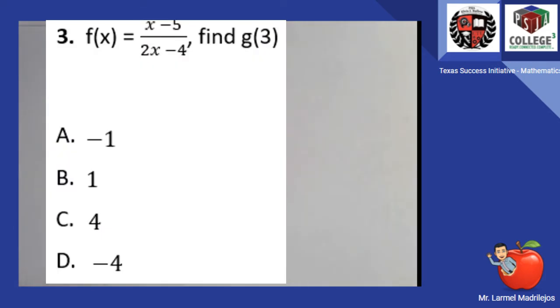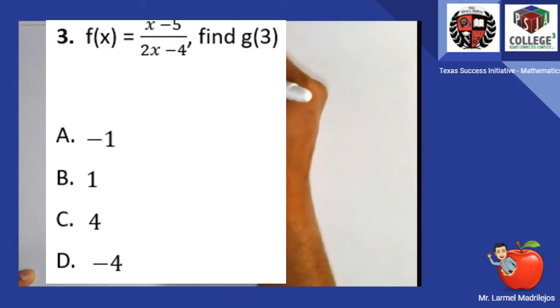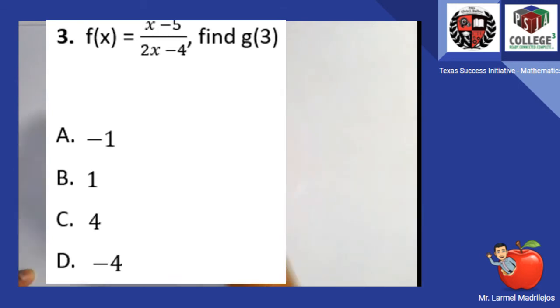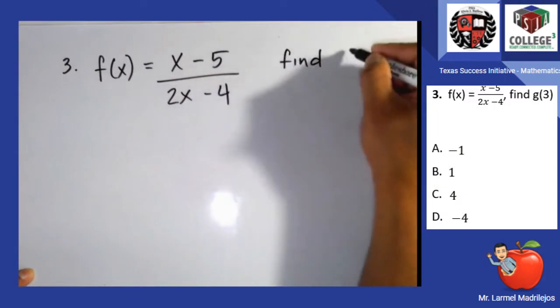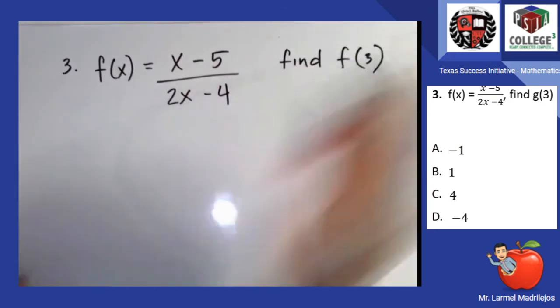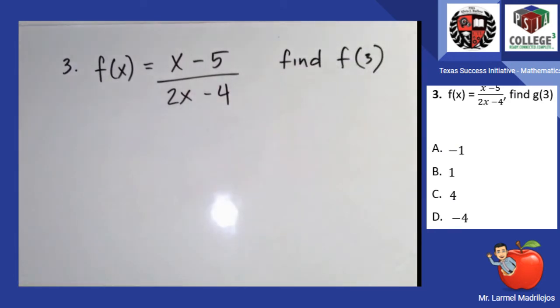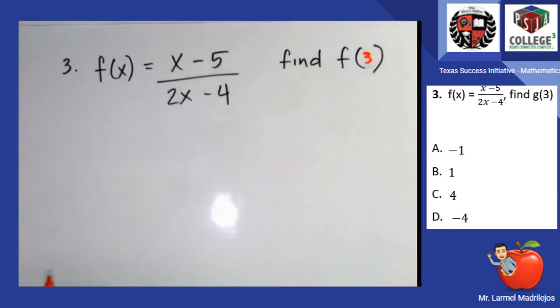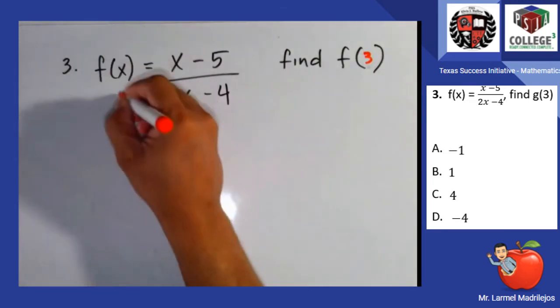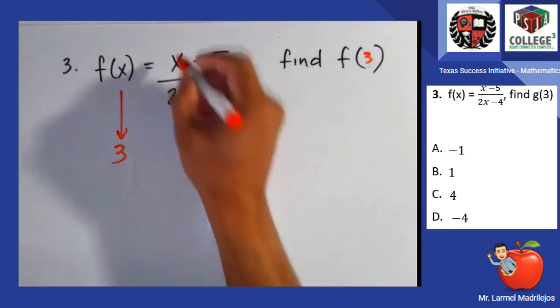Okay. Next question. This is kind of a complex question. F of x is equals to x minus 5 all over 2x minus 4. Find f of 3. Okay. Same thing. I'm going to change the color. So I change that to 3.